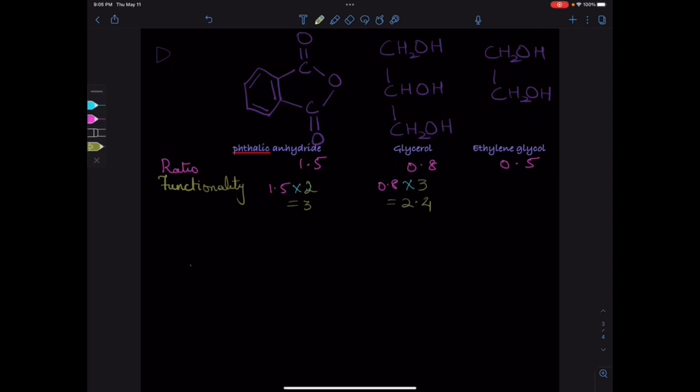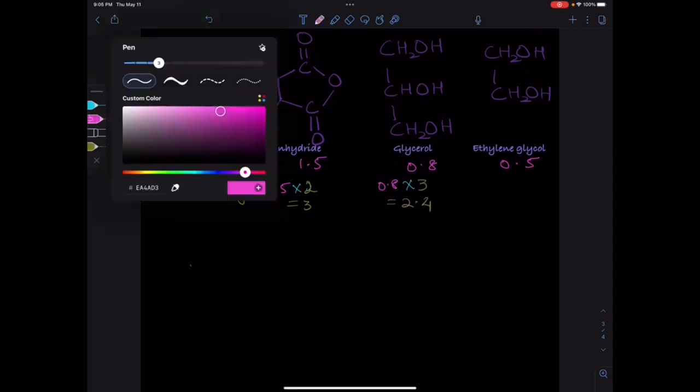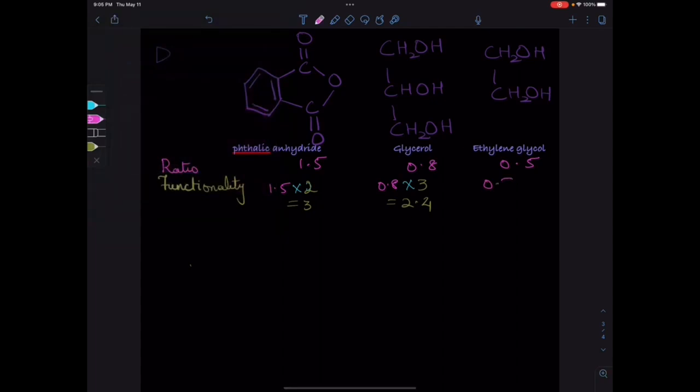And for ethylene glycol, it will be 0.5 times 2, which is 1. So the total hydroxy functionality is 2.4 plus 1, which is 3.4, and the carboxyl functionality is 3, so 3 is less than 3.4.